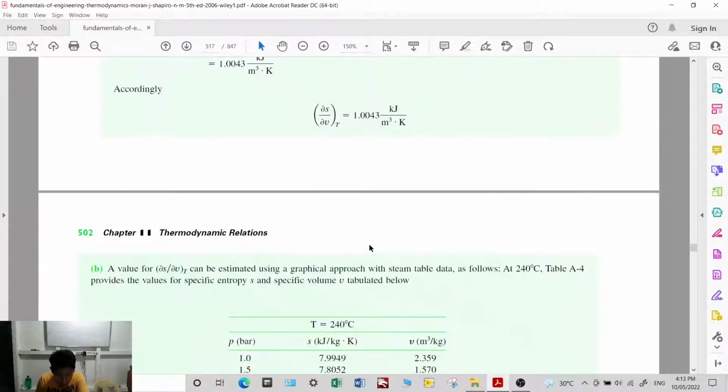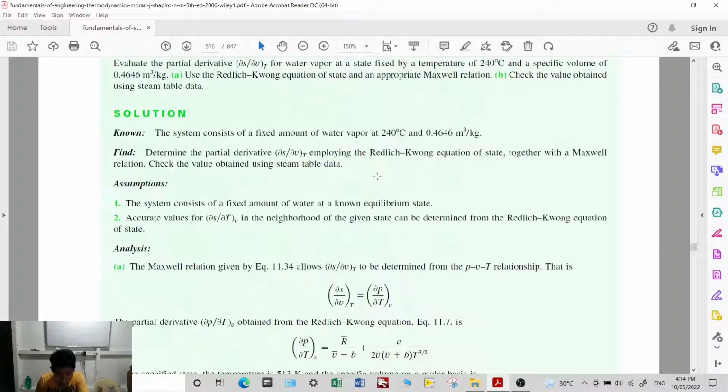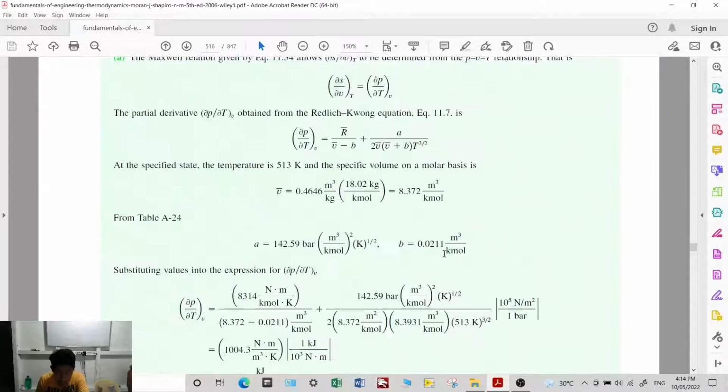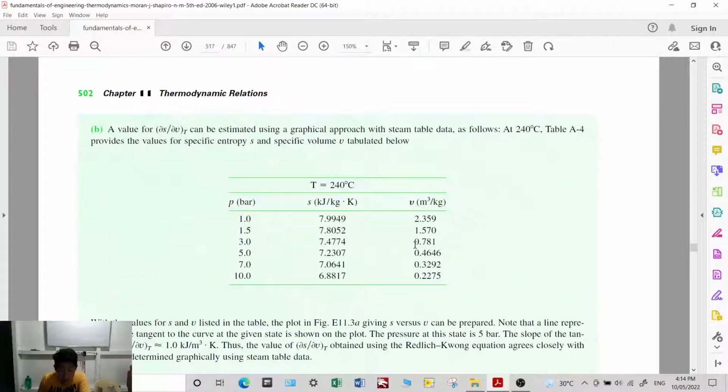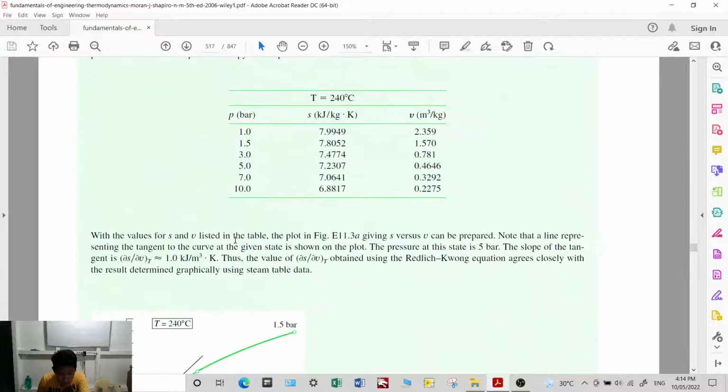And then the volume here is 0.4646, which corresponds to 5 bar.